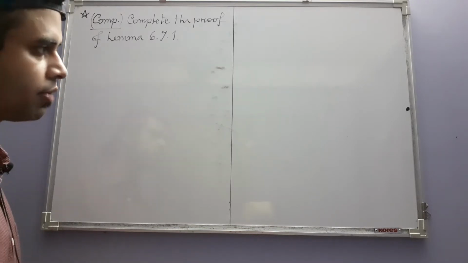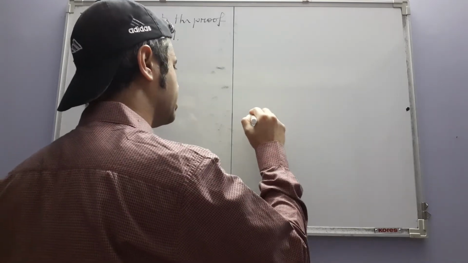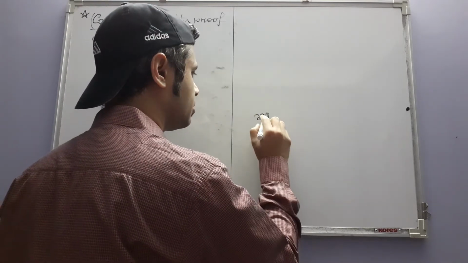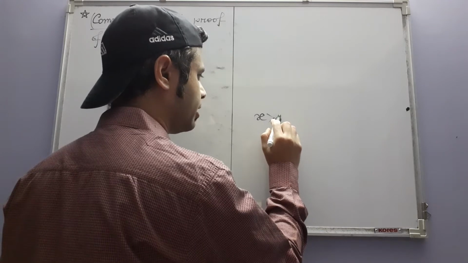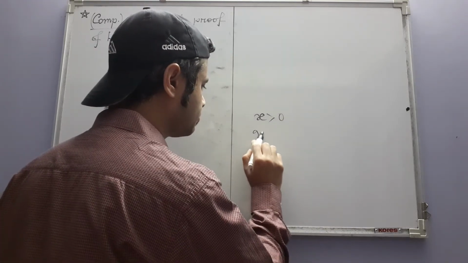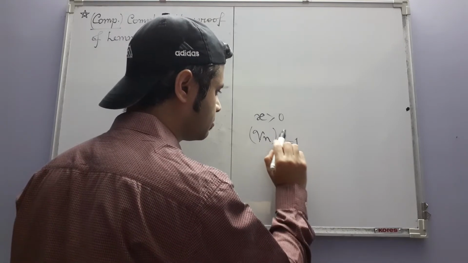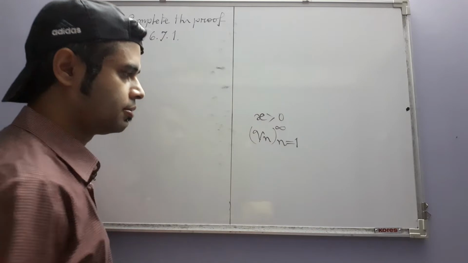Let us recall what we had in lemma 671. What we had there is a positive real number x and a sequence of rational numbers that is convergent.